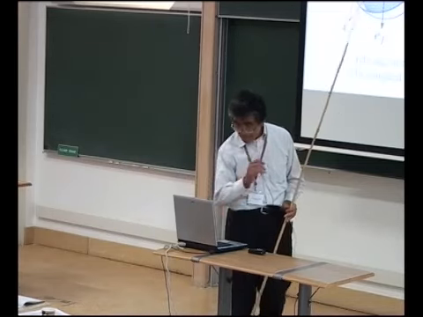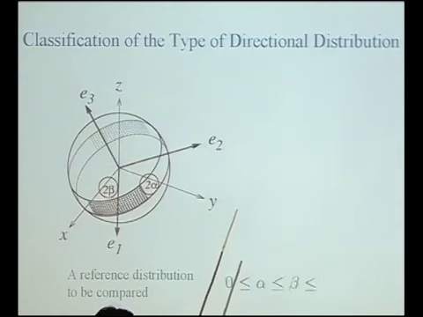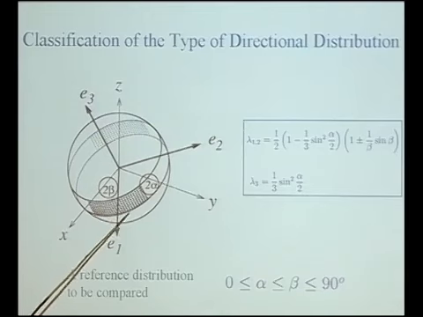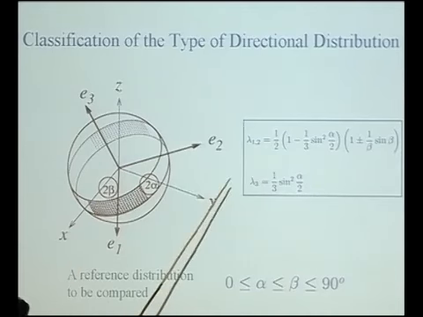directional distribution, we introduce the model distribution like by this. Here we have 2 parameters, alpha and beta, in this range.